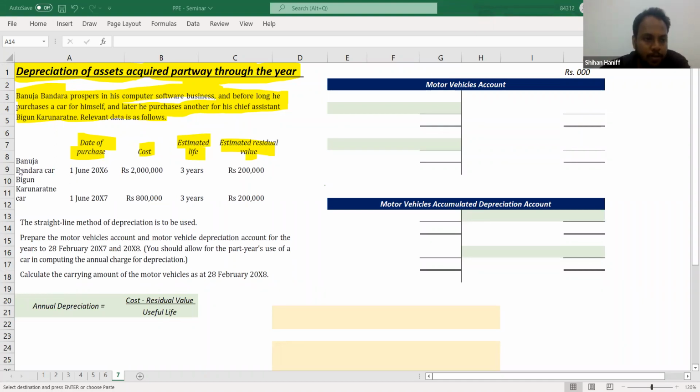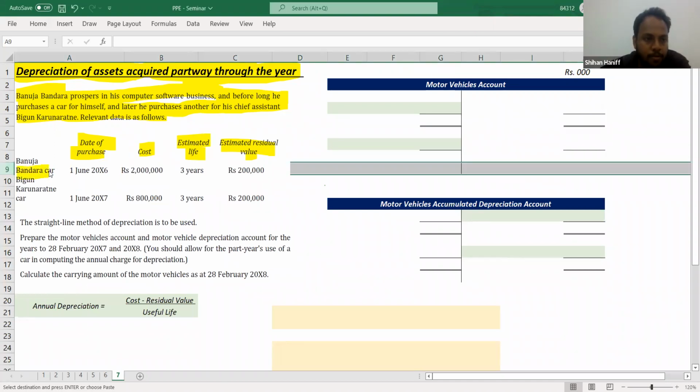So there are two cars, Vanuja Bandara's car and Bigun Karunaratne's car. Purchase dates are 1st of June 2006 and 1st of June 2007. Estimated life is 3 years. Residual value is given. The straight line method is used for depreciation. Prepare the motor vehicle account and motor vehicle depreciation account for the years to 28 February 2007 and 2008.